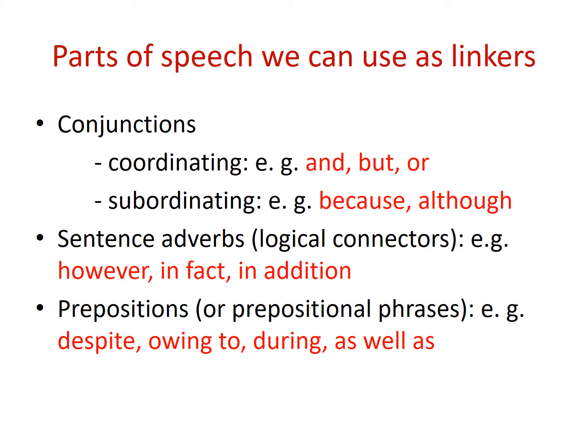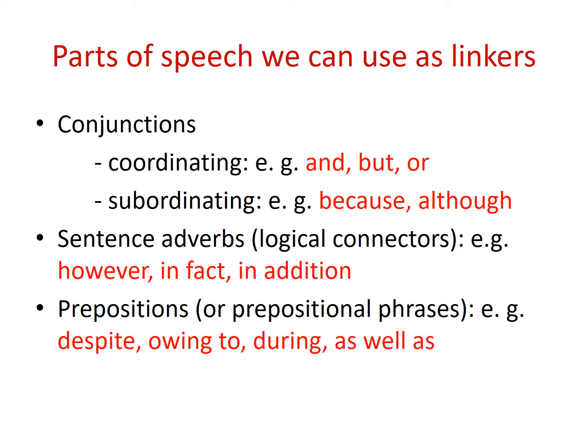Other linkers may be labeled in traditional grammar as sentence adverbs or logical connectors. They include items such as however, in fact, and in addition, which link ideas across two separate sentences, one sentence following another, which is why they can be called across-sentence linkers.